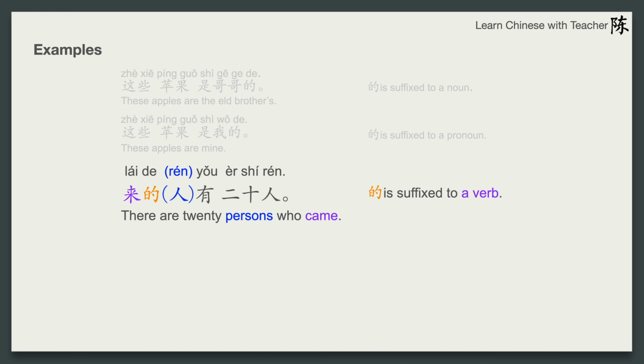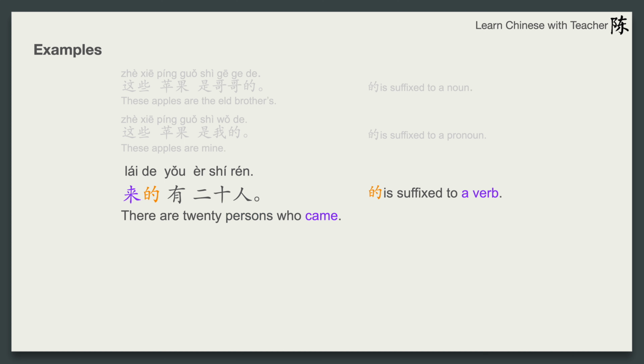You may ask, can I omit the second one and leave the first one there? The answer is yes, but you have to add the measure word 个 after the number 20. So the sentence can be 来的人有20个.